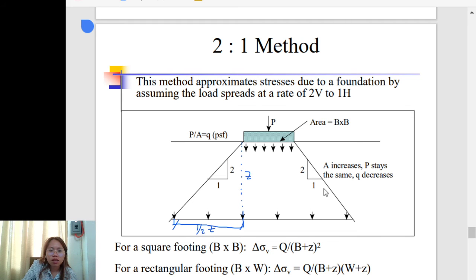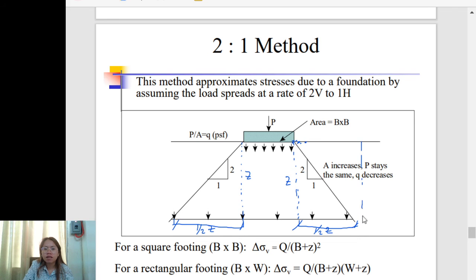Z. Also, if this is Z, this is also 1/2 of Z. And at a certain distance from the footing, from here, say Z, the area, this one is B plus this one.